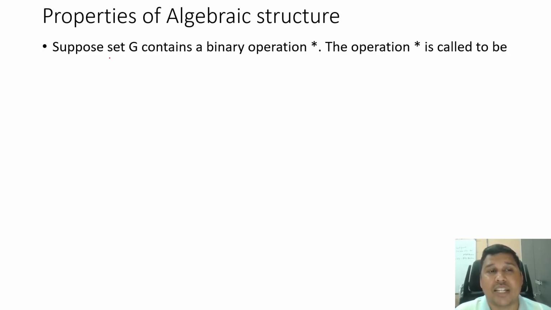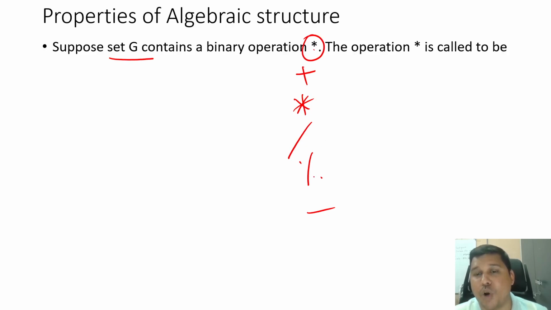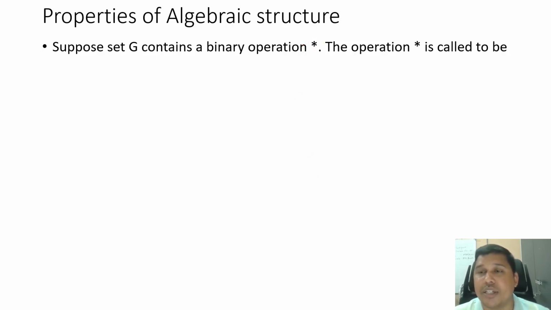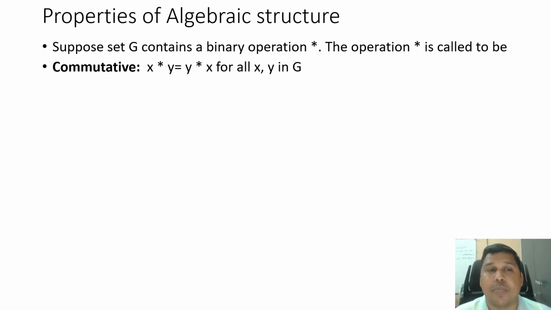Let's suppose a set G contains a binary operation star. This can be plus, multiplication, division, minus, modulo, or any operator. The first property is commutative. If for two elements x and y, applying the operation to x and y, and to y and x, gives the same result, then we say it satisfies the commutative property.